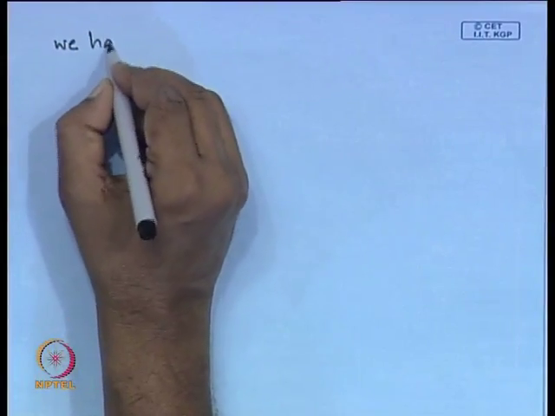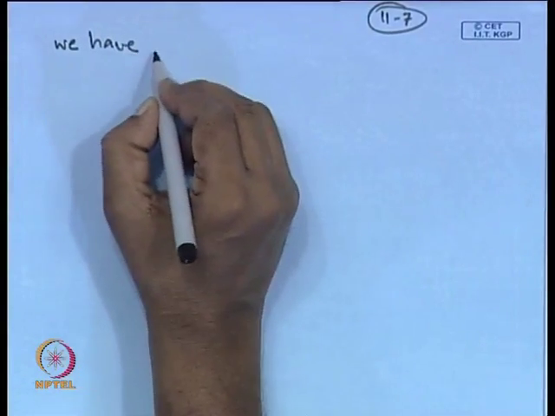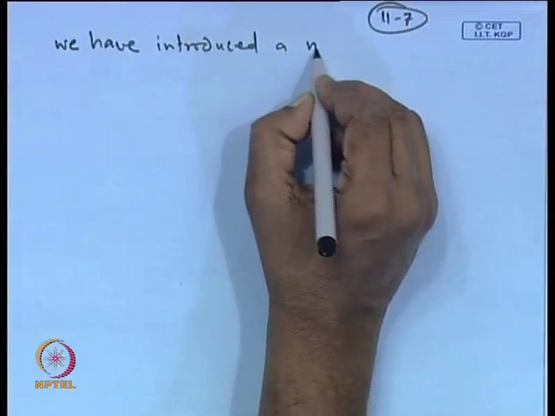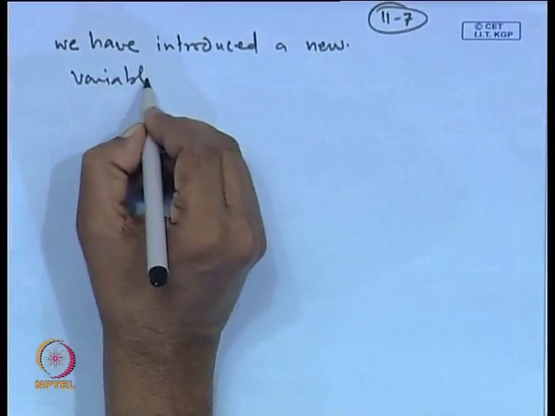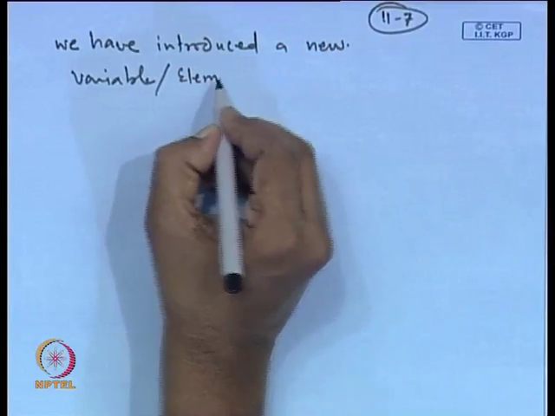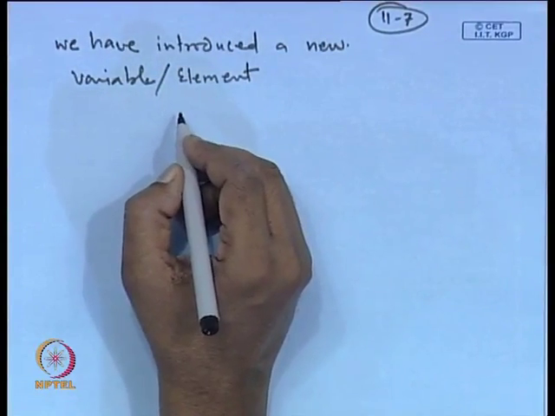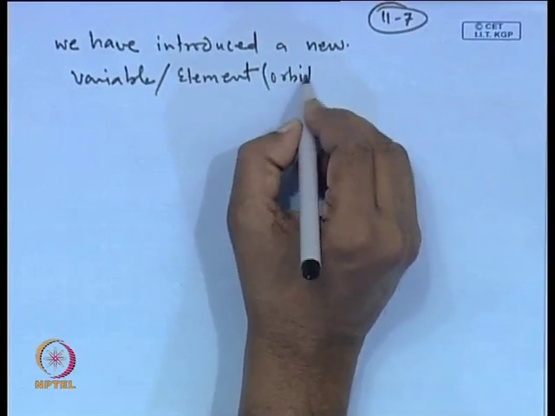Now, what we have done is we have introduced a new variable slash element known as eccentric anomaly. So, this is a new orbital element.